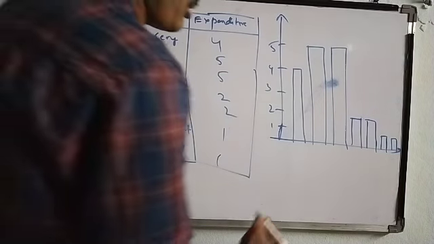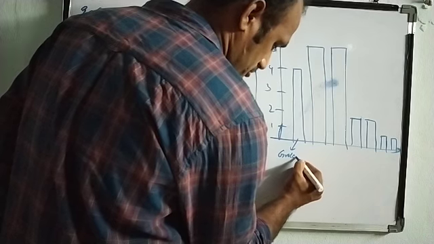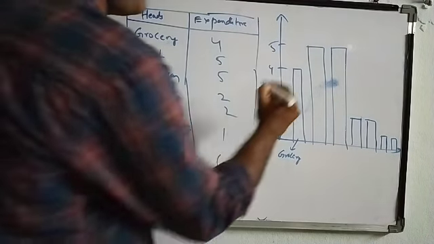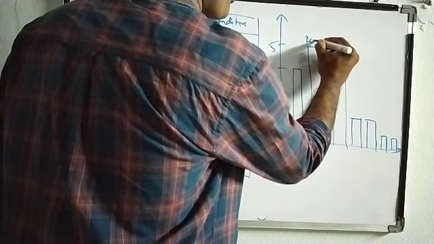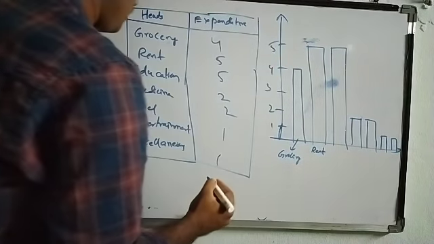Entertainment and miscellaneous are 1. So this is grocery, rent, and everything should be represented on the x-axis.